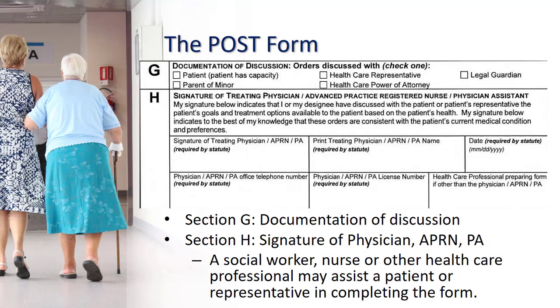Section G is for the physician or other advanced practice provider to document the discussion with the patient and anyone else that was part of that discussion. Section H is for the signature of the physician, the advanced practice nurse, the physician assistant. And there's also a space for any other healthcare professional, such as a social worker, a nurse, or other healthcare professional that may have assisted the patient or the representative in completing the form.